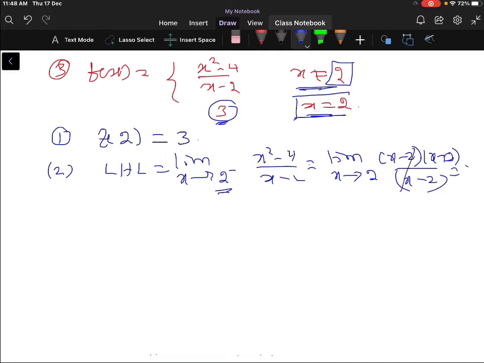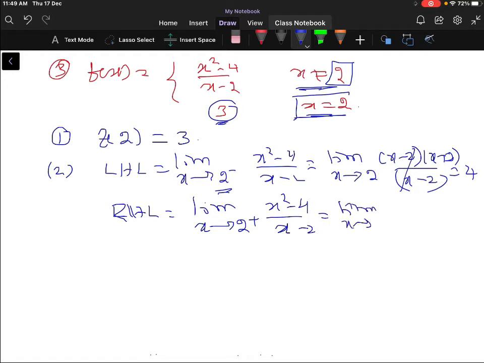So cancel, we'll get 4. Similarly right hand limit, that is limit x approaches to 2 from the right side, of the function x square minus 4 by x minus 2. So that can be written as limit as x tends to 2 plus, x minus 2 into x plus 2 by x minus 2. So it cancels again. When x equal to 2, that is 4.